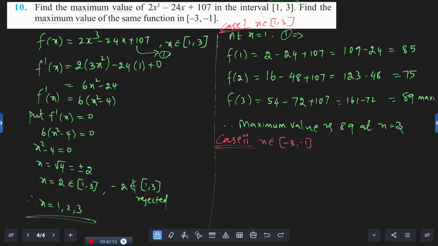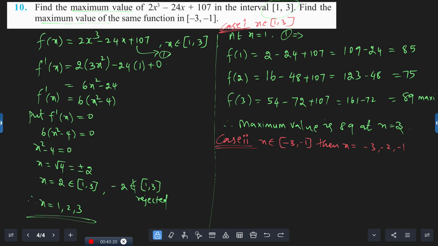In this interval, which value belongs? Minus 2. Very good. So your x value will be minus 2, be careful here. Then x = −2. Otherwise, I will take minus 3, minus 2, minus 1. These three you have to substitute and check.